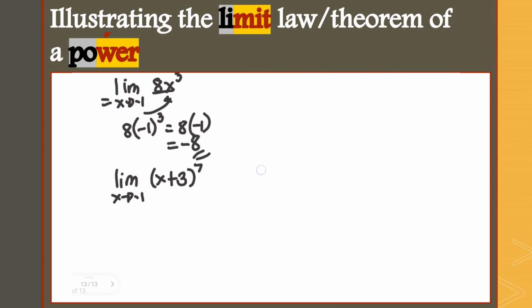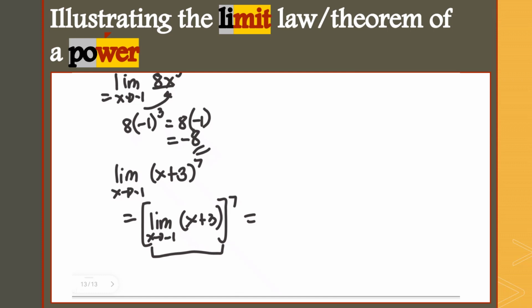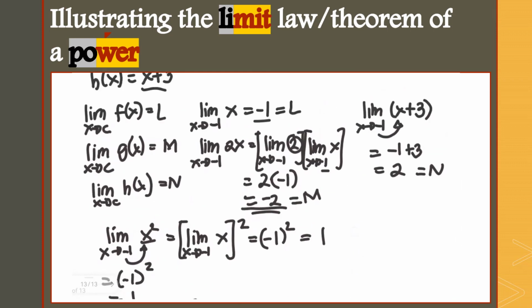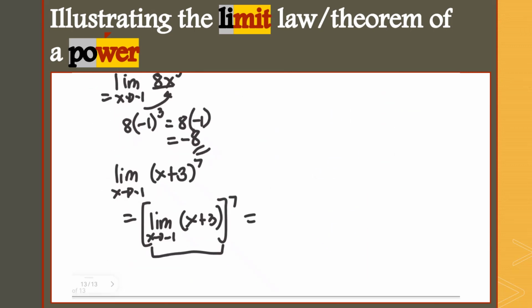But here, of course you can apply direct substitution if you would like to, but the exponent is 7. So what we could do here is write it like this: the limit of x plus 3 as x approaches -1, raised to 7, because we already have the value of this. The value of that, going back here, is 2, positive 2. So you will have the result of 2 to the power of 7, which will give us 128.